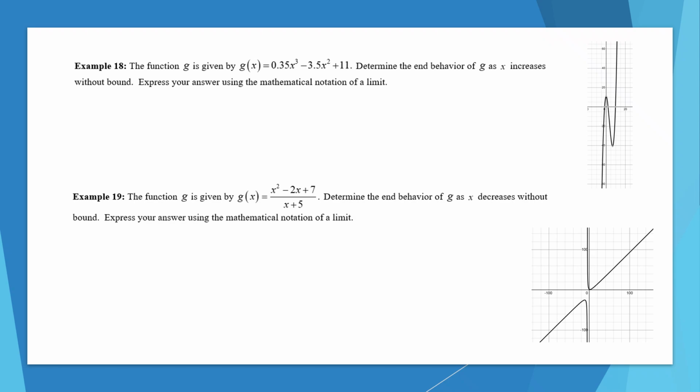So here, determine the end behavior as x increases. We know this is a polynomial, so look at our leading term. We have a positive leading coefficient, and then 3 is our degree, so an odd degree. So this should behave like y equals x. And then as we increase, this is just going to the right.